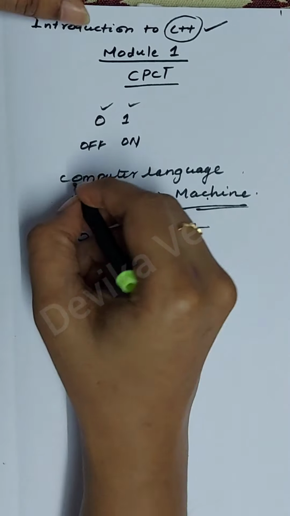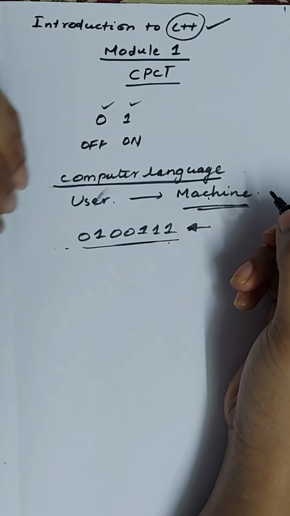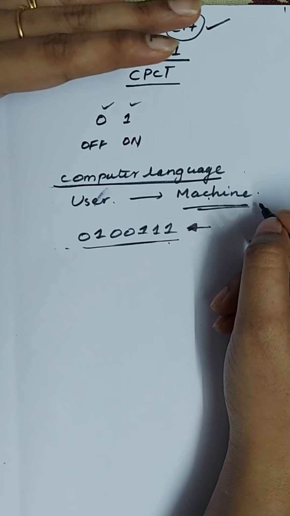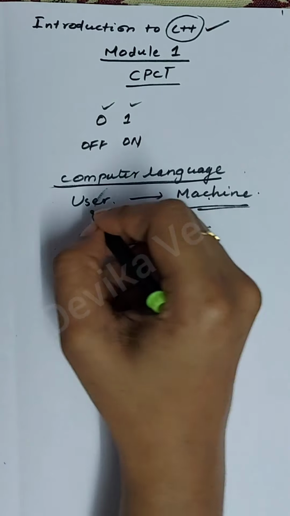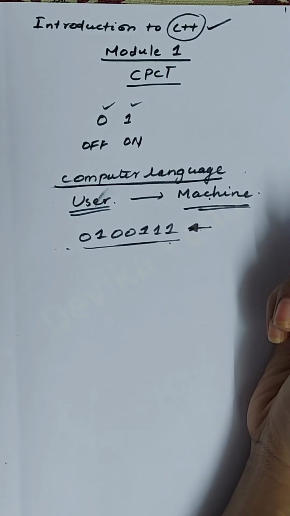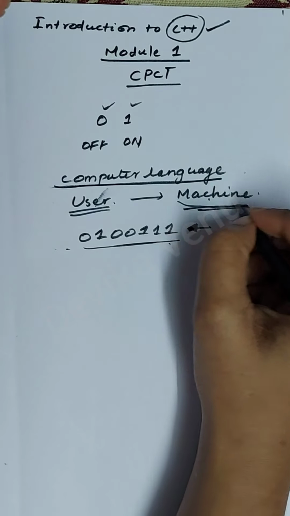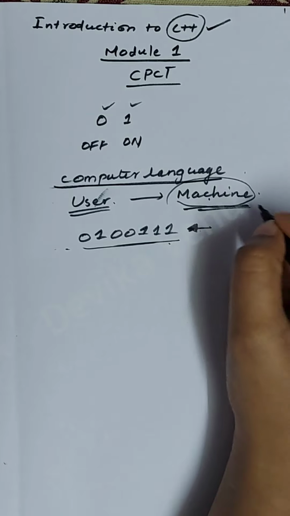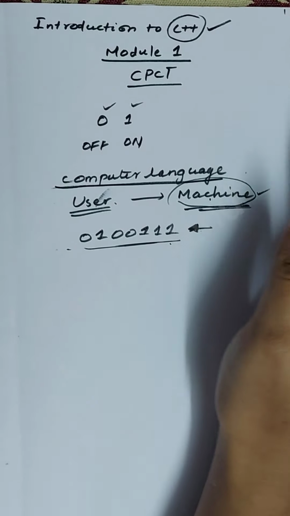So the computer programming language is simply a language which helps both user and machine understand what the job is. The user has a very friendly way to convey the work to the machine. I hope that is clear.